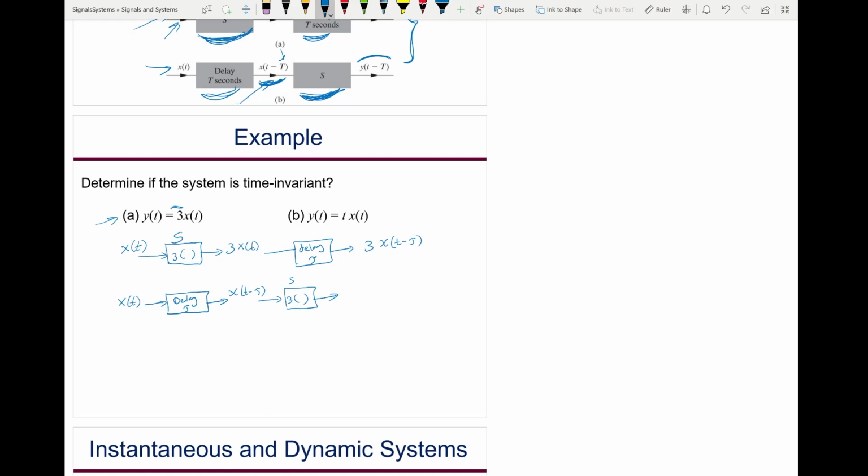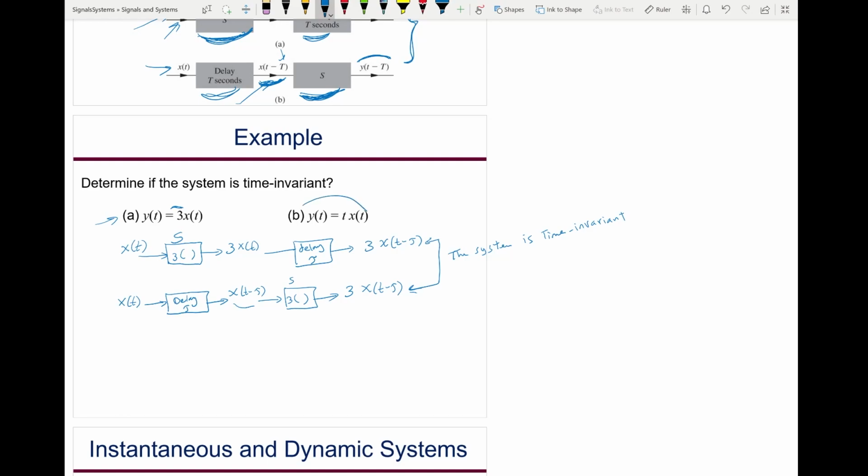So the output will be what? Exactly the input multiplied by a factor of 3. So it will be 3x of t minus tau, whatever is the input here. So now when I compare these two, they are the same. So the system is time invariant.